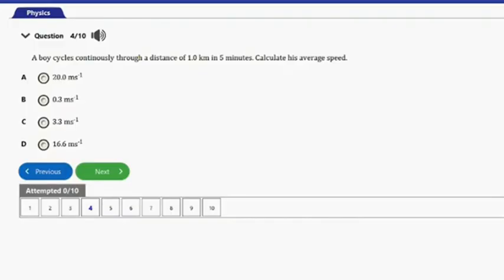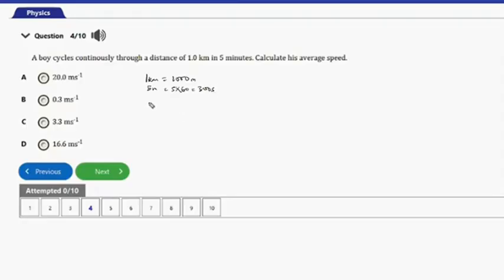So in order for us to calculate this, 1 kilometer is actually 1000 meters, and then 5 minutes is actually 5 times 60, so that's 300 seconds.